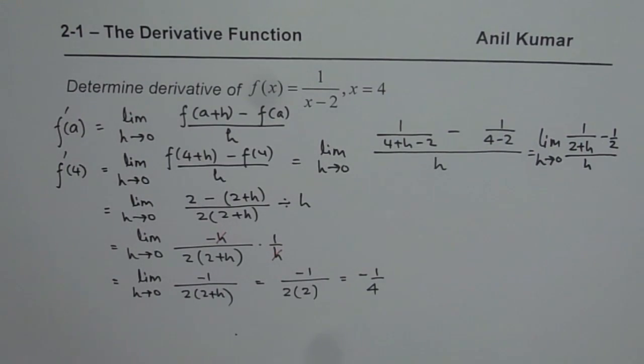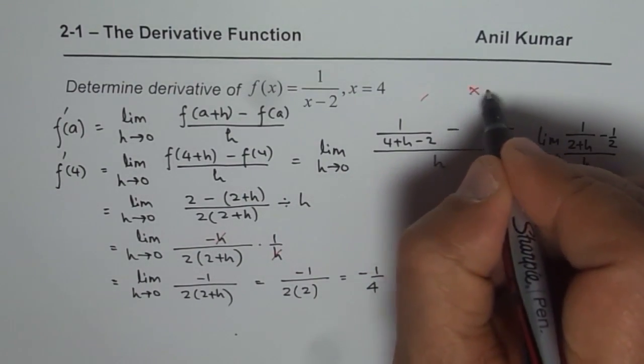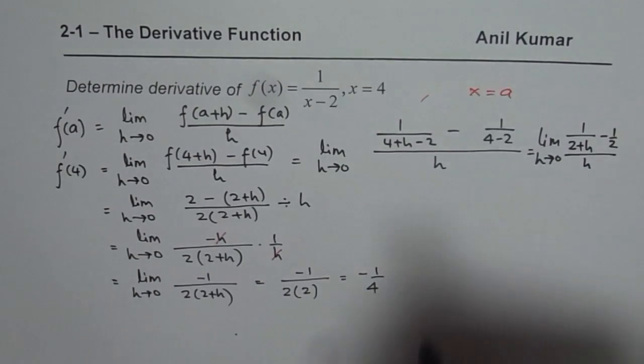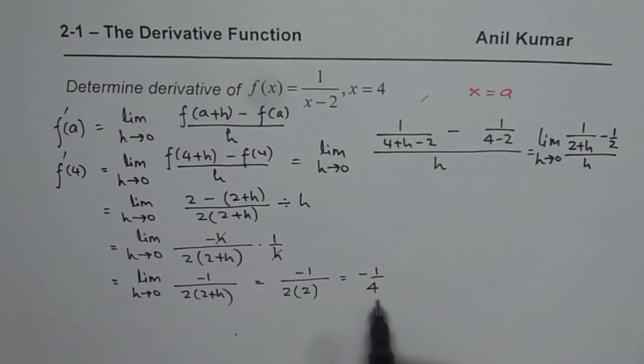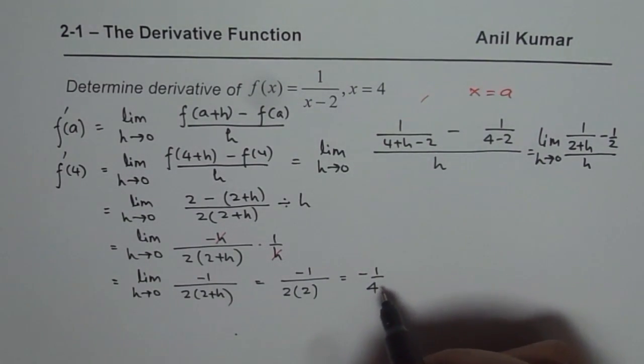Now, as an exercise, I'd like you to do the same at x equals a, any general point. Once you do that, you will get one expression. And what you will notice is that the derivative is always negative, right?